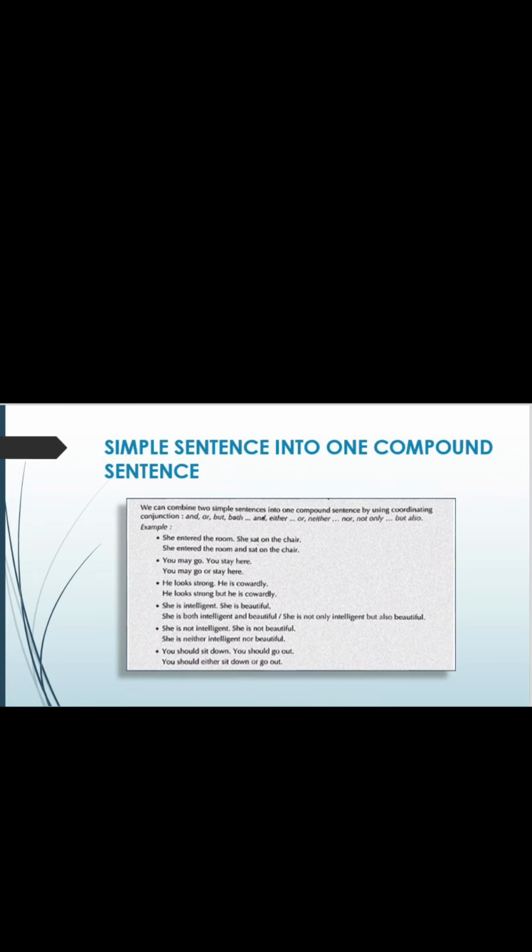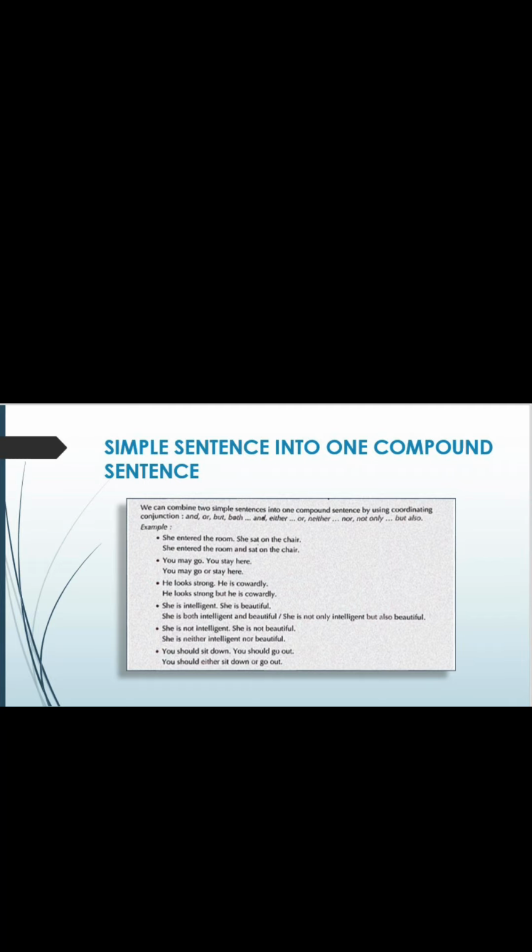Now let us understand a little about how we are going to be combining two simple sentences into one compound sentence. We can combine two simple sentences into one compound sentence by using coordinating conjunctions. We all know what conjunctions are. Conjunctions are better known as linking words, right?